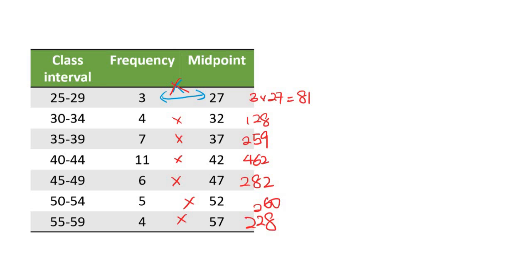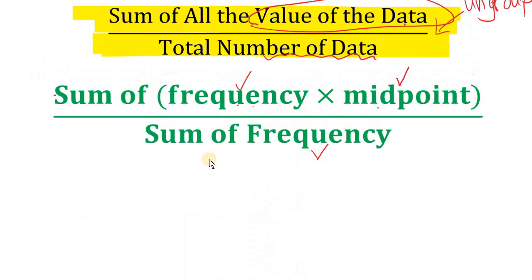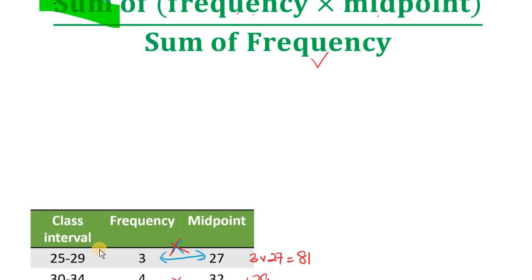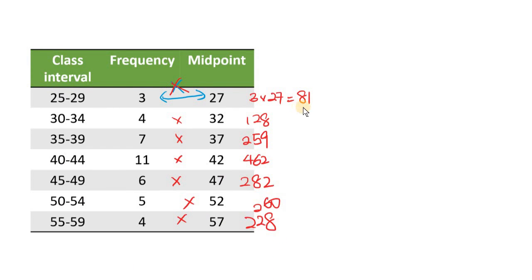And then, you see, there is a sum. We need to find the sum of them: 81 plus 128 plus all the values. You can just use a calculator, no problem.